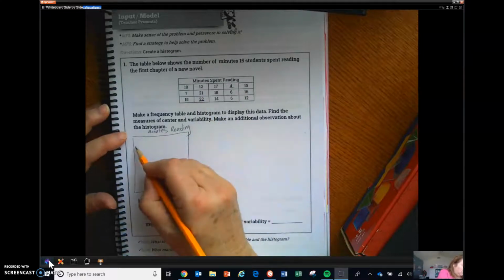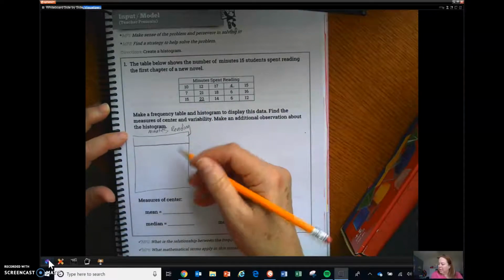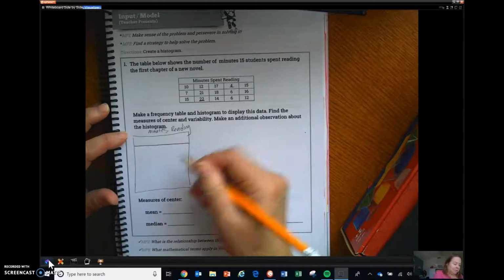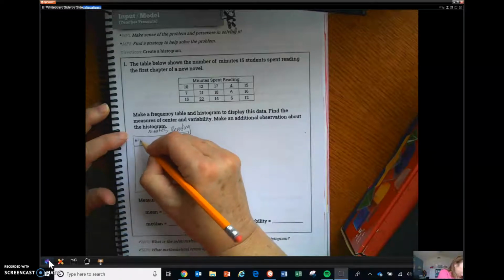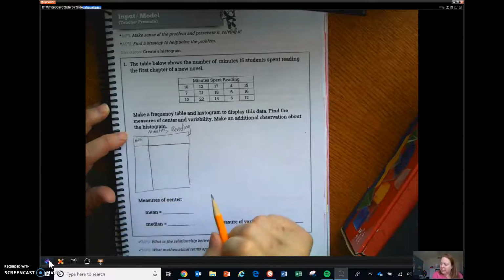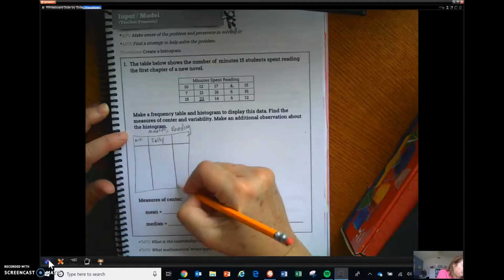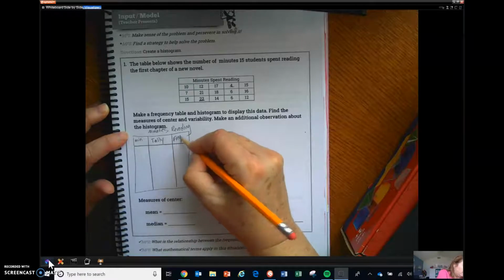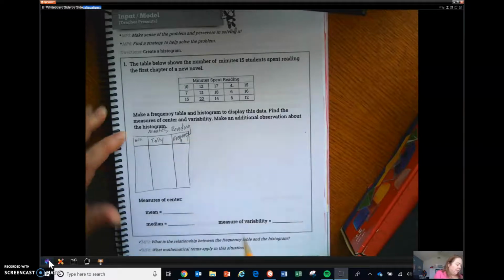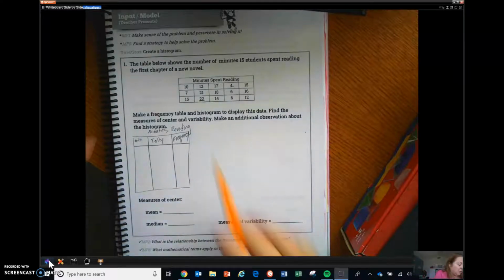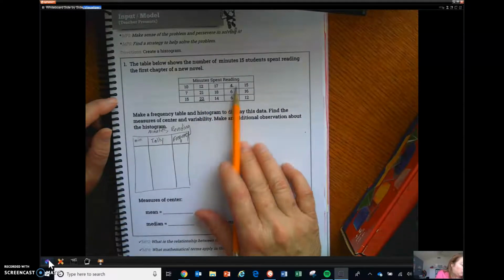So for mine, it's going to be minutes, and it's going to be tally, and then it's going to be frequency. And the numbers go from 4 to 22.